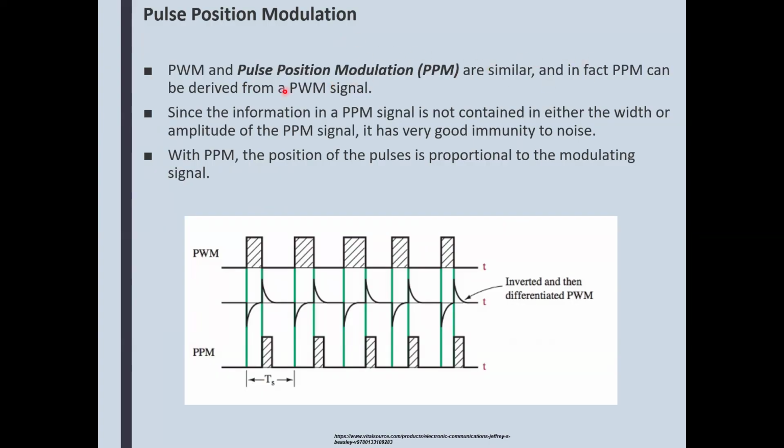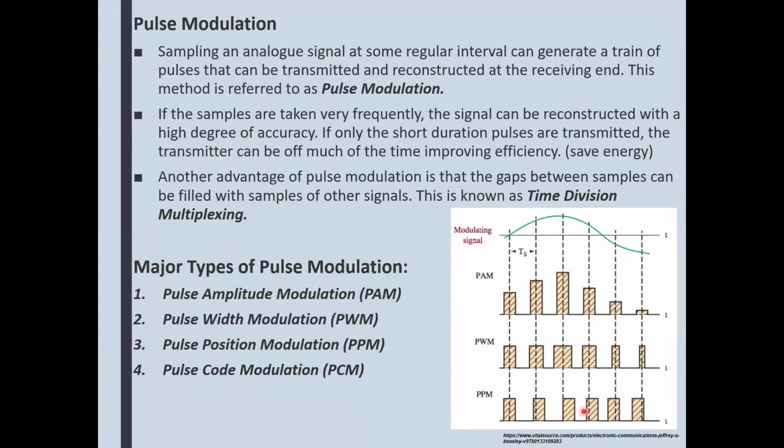Since the information in a PPM signal is not contained in either the width or the amplitude of the pulse, it has very good immunity to noise. With PPM, the position of the pulse is proportional to the modulating signal.